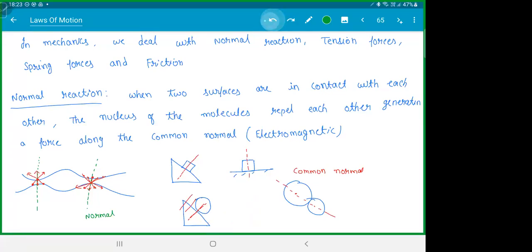Have a look at this. So this is how you get normal forces, and this is the catch. Do have a look at this. Clear? Any doubts on this? The idea is important.